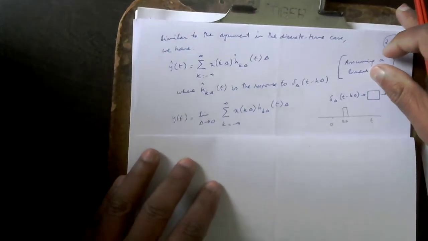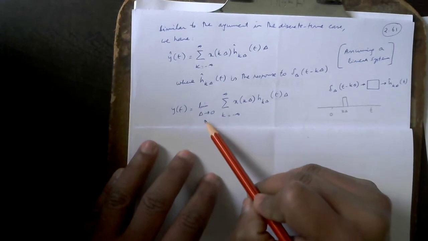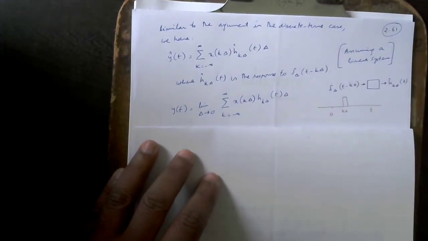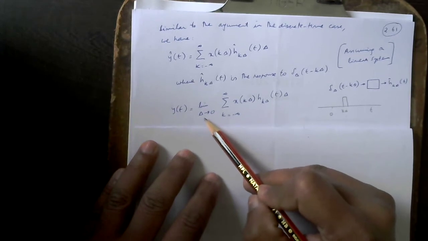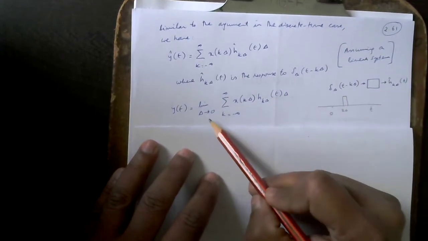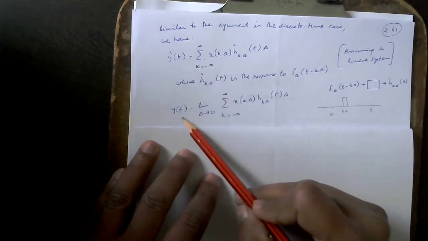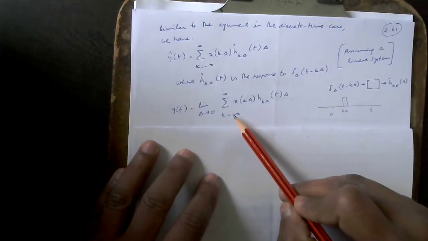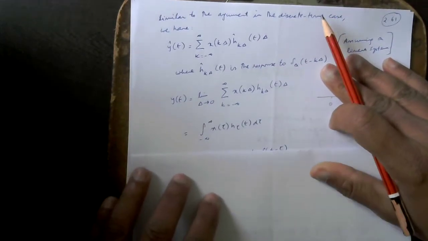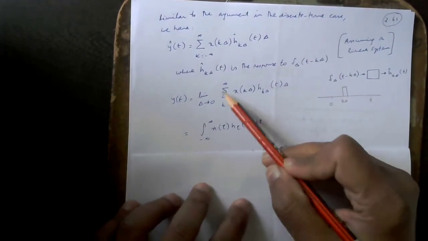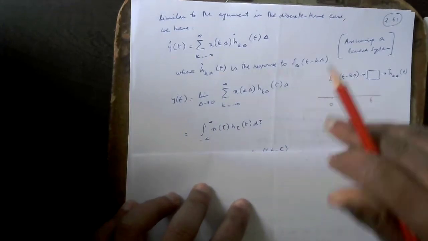And as we saw earlier, when the pulse width is very small, as in the limit when the capital delta, that is basically the width of the pulse, tends to 0, our approximation y hat of t becomes equal to y of t, and this expression remains the same as what we just saw earlier. And essentially this will become an integral, x of tau h tau of t d tau.